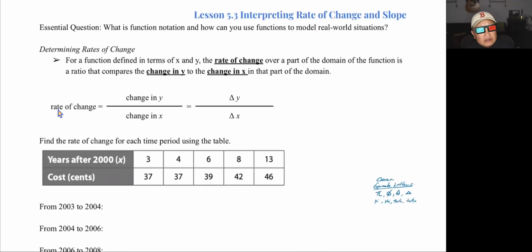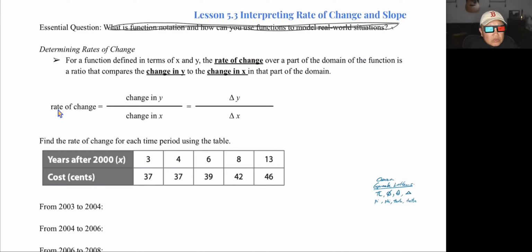You know what? I'm looking at this and that makes no sense to me. I think I might have copy pasted the wrong essential question. I apologize for that one, guys. So sorry about that. So clearly, the essential question today is going to be understanding what a rate of change is and how it relates to a slope, right?